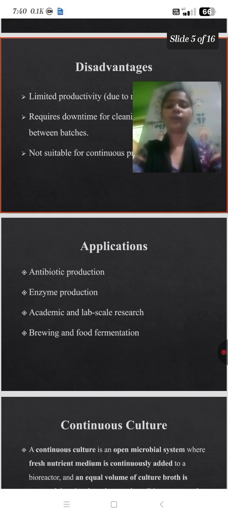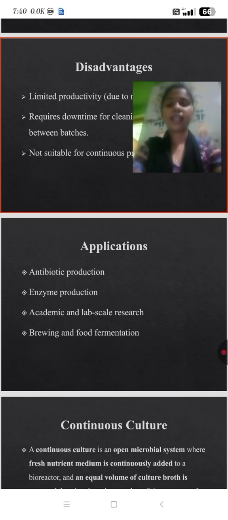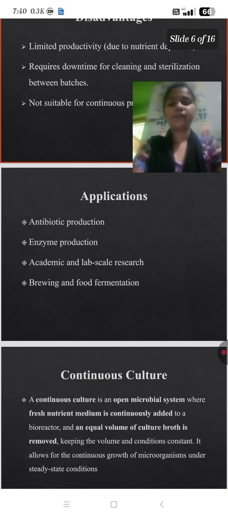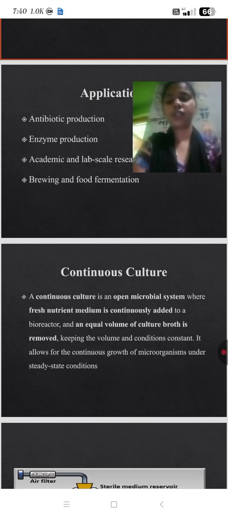Applications: antibiotic production, enzyme production, academic and lab scale research, brewing and food fermentations. Continuous culture.